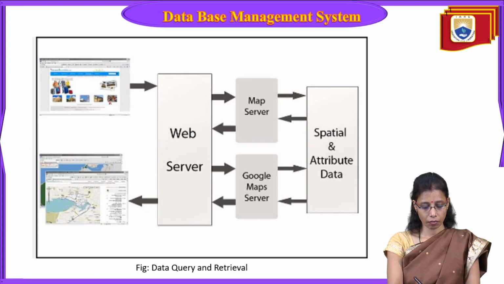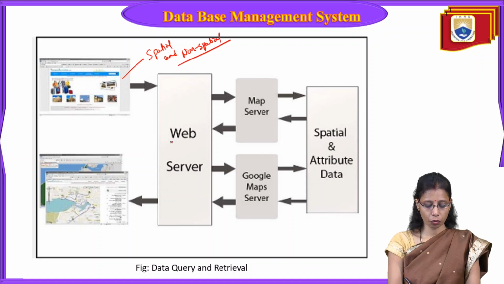So this is the data which has spatial and non-spatial components. When it is linked to the web server, the map server, and the Google Map server, the spatial and attribute data are linked with it.